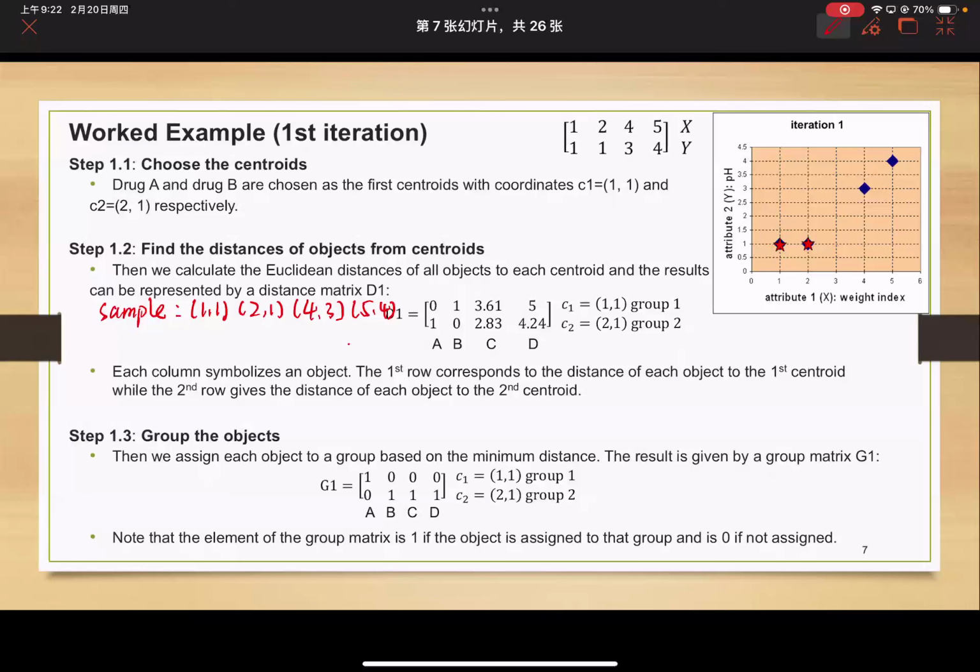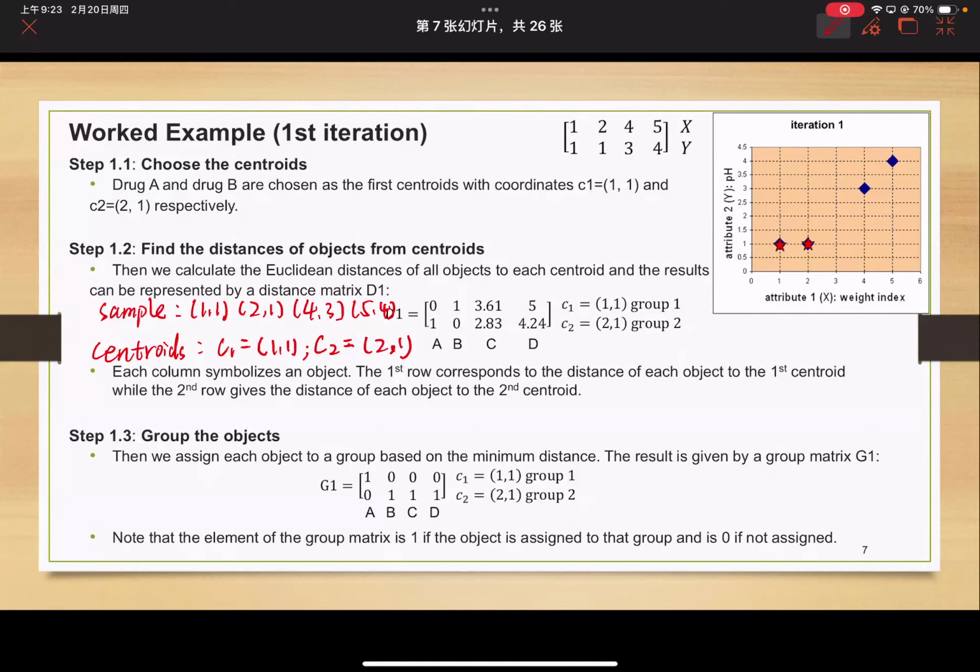And then we have the centroids, C1 equal to 1, 1, C2 equal to 2, 1. So these are the data points and the centroids we have.